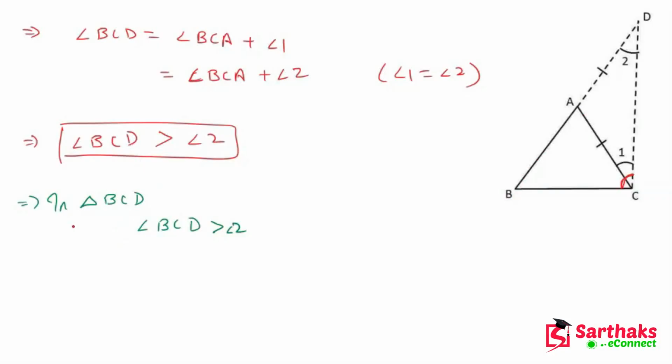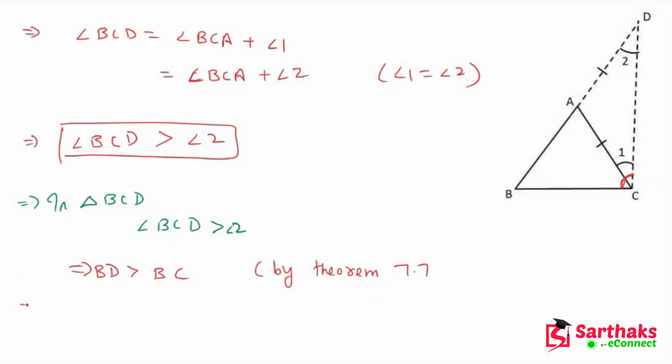I hope you get this point. So BD is greater than BC by theorem 7.7: the side opposite to the larger angle is longer. Okay, my dear friends.